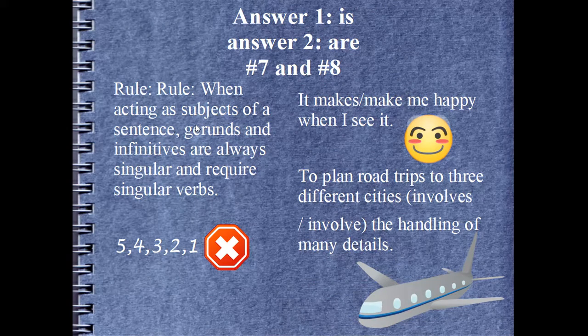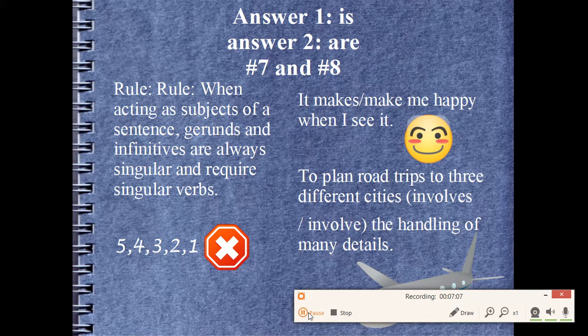Okay. For number 7 and 8, it's going to be just like we did before. Same rule, two questions. Okay, so the rule for this is when acting as subjects of a sentence, gerunds and infinitives are always singular and require singular verbs. Question 1. It make or makes me happy when I see it.